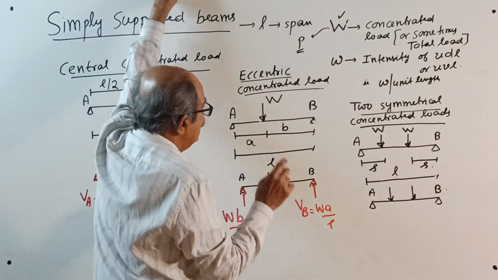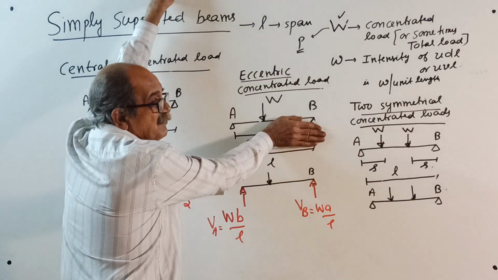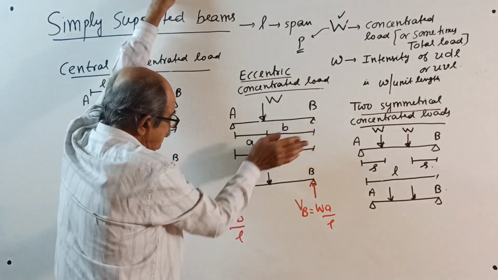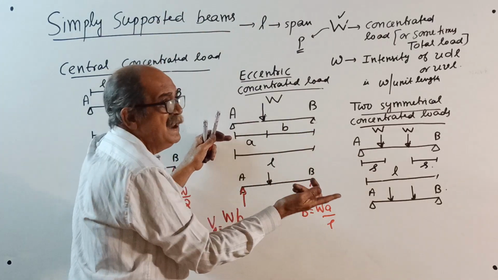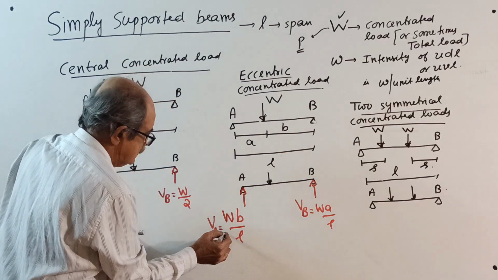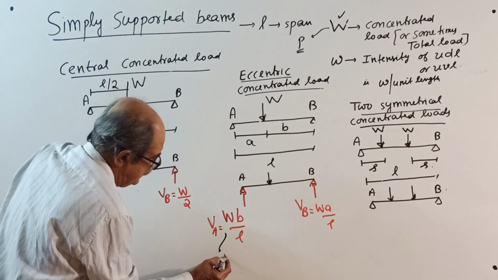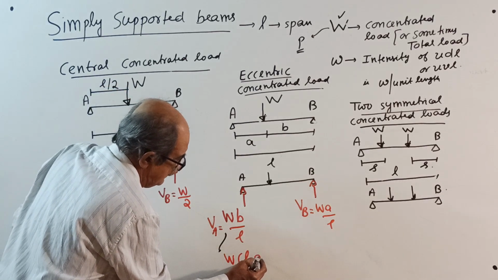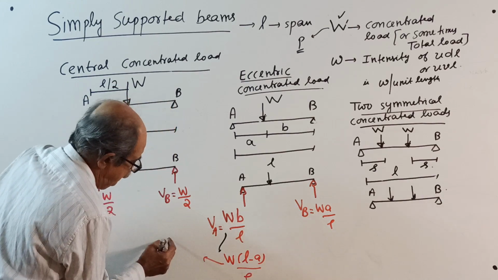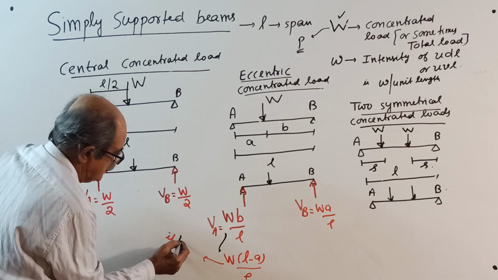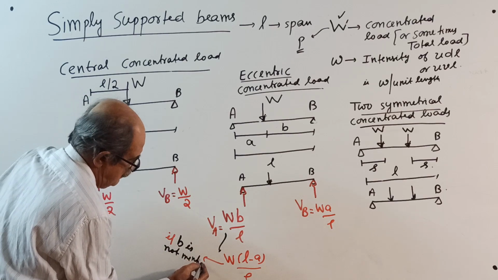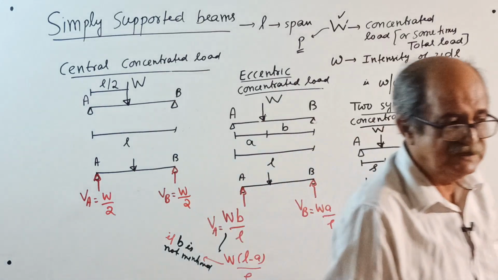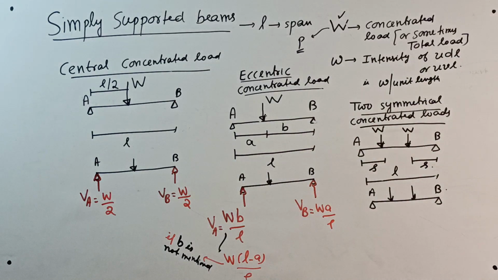Now, make a note. Suppose A is given, B is not given. Then you should not write B. Instead of B, you write L minus A. So it is W into L minus A by L if B is not mentioned.